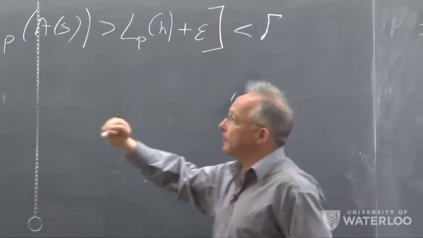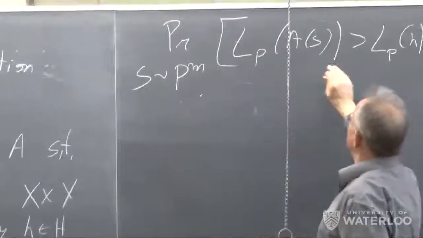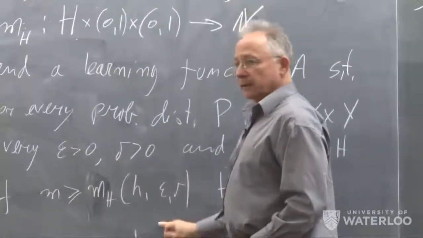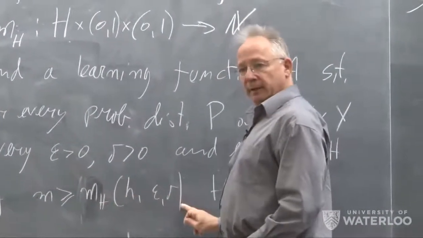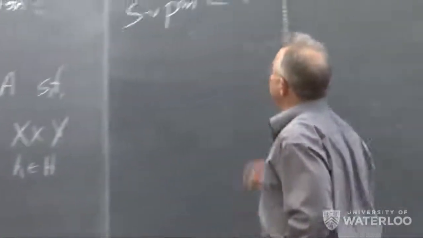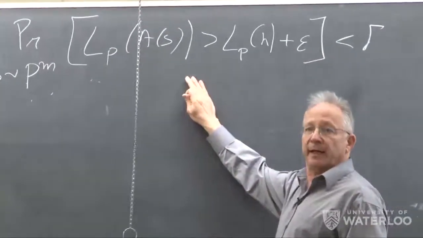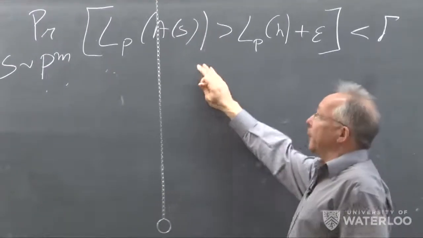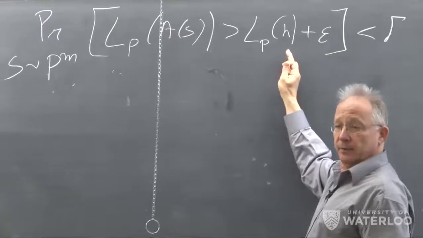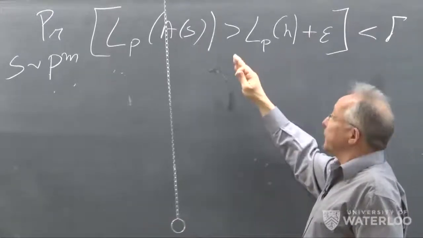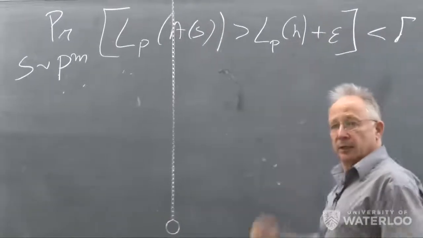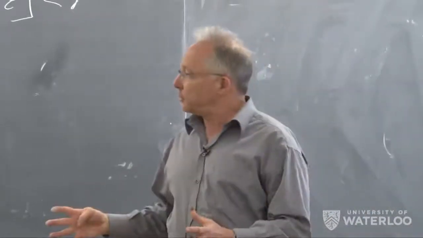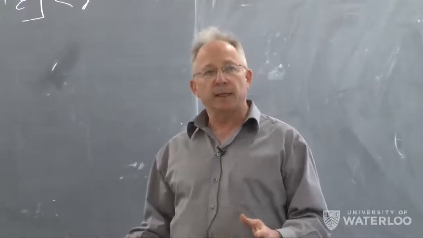In the PAC sense, there was no h here. The sample size just depended on epsilon and delta. And since the sample size did not depend on h, we had this requirement for every h in H. Now the requirement is for a specific h. So the intuition is that H, capital H, is non-uniformly learnable.